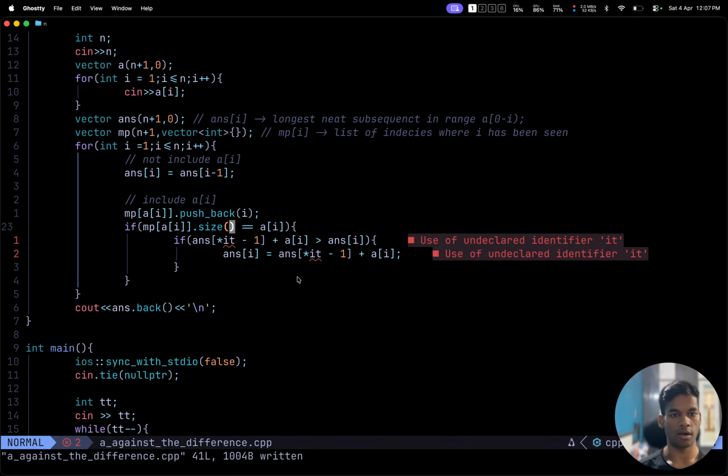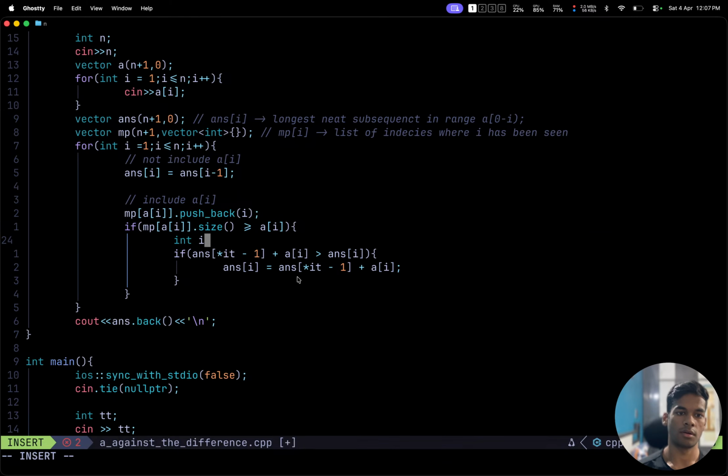Push back i, and if size is greater than or equal to, in that case we are looking for index.